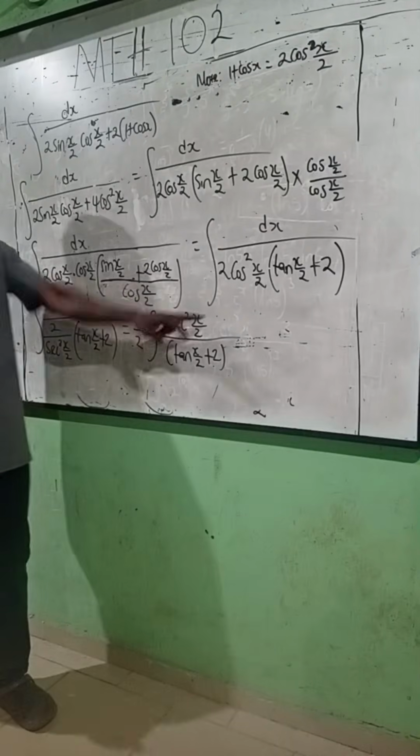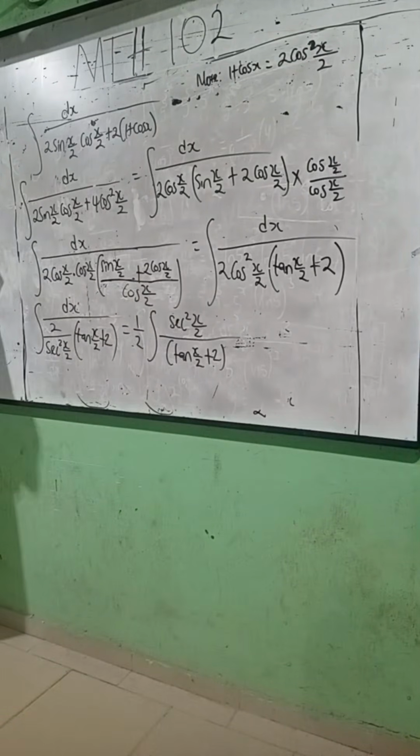Why is it not 1 over here? It can't be 1 over, because if you have a over b over c, when this comes up, it will not be under again. Like here, let me say a divided by b over c, which is the same as a multiplied by c over b.